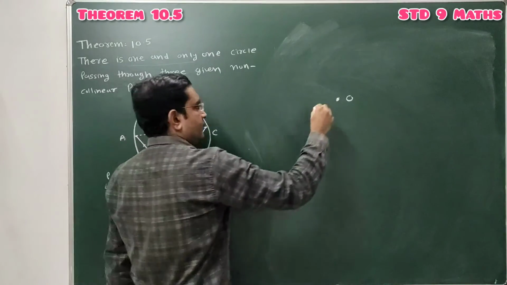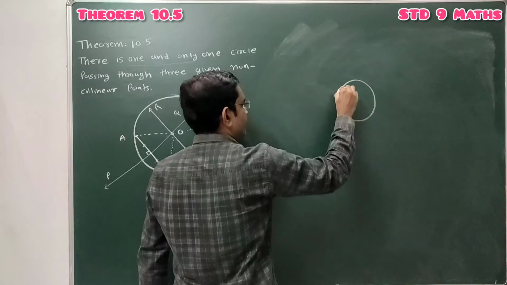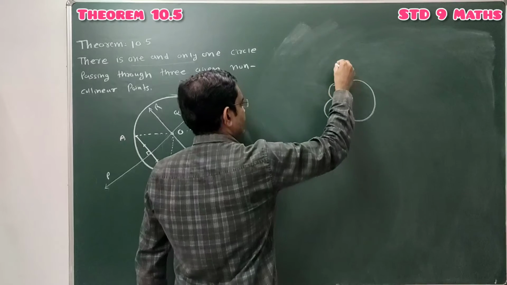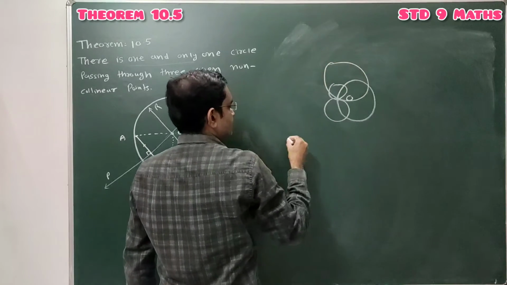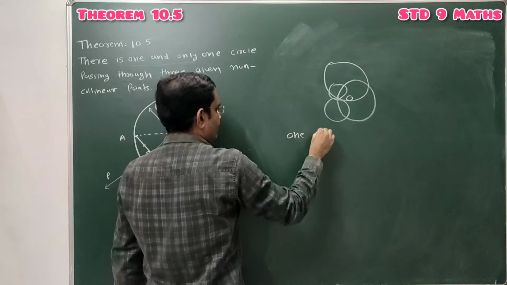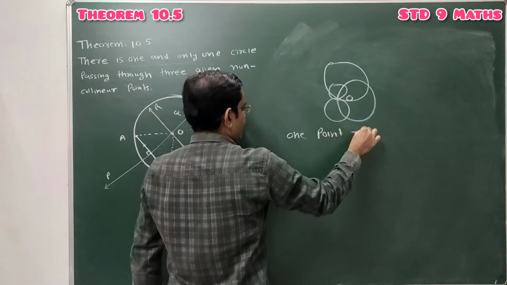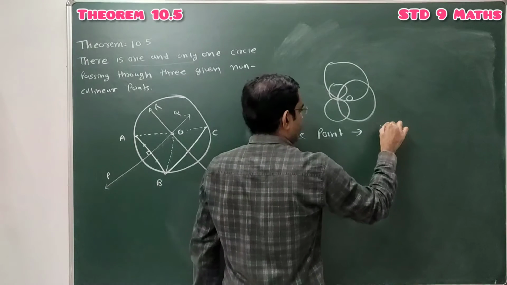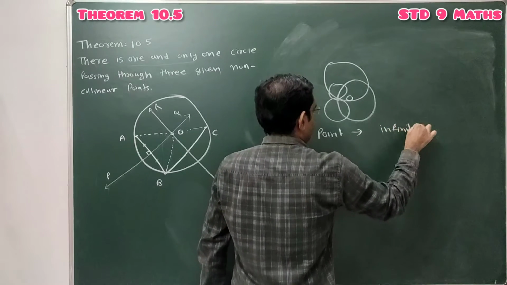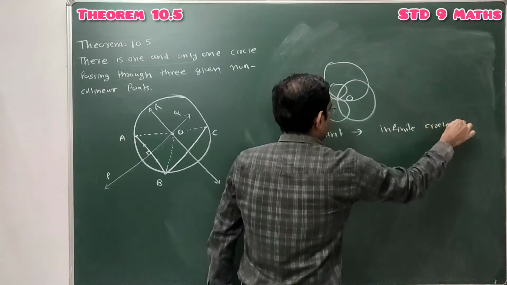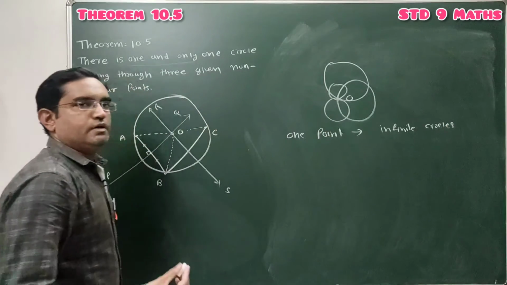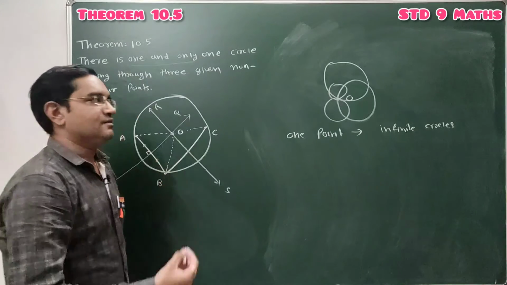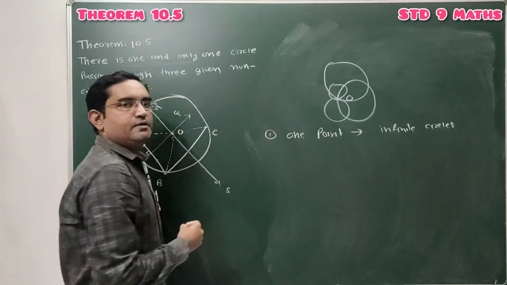Simple, infinite circles with infinite radii can pass through this given point. So infinite circles can pass through a given one point in a plane. Done? This is your first point.